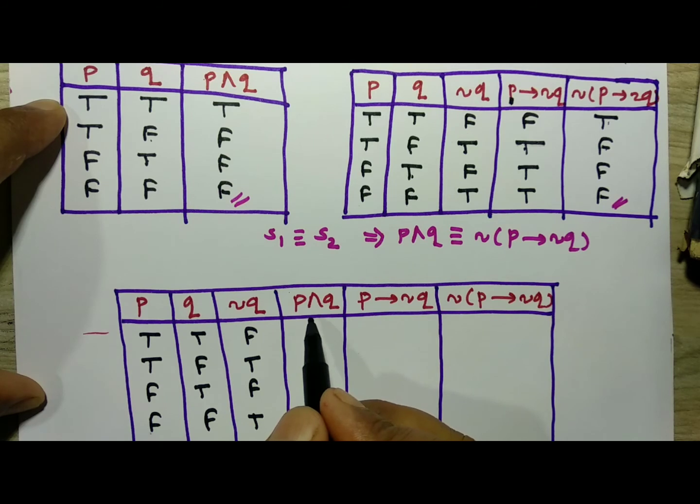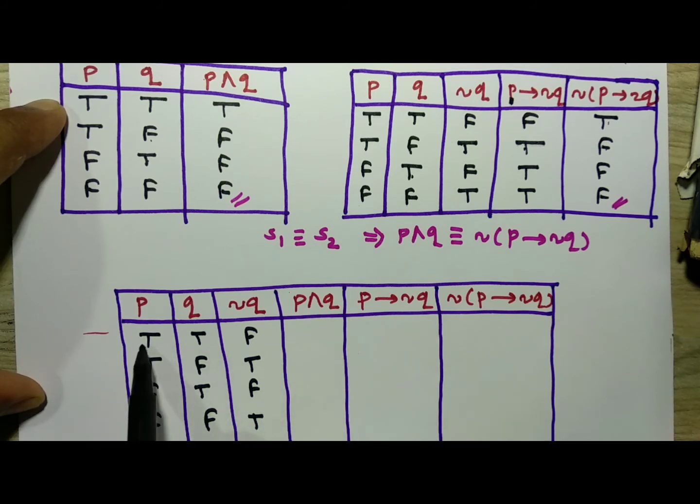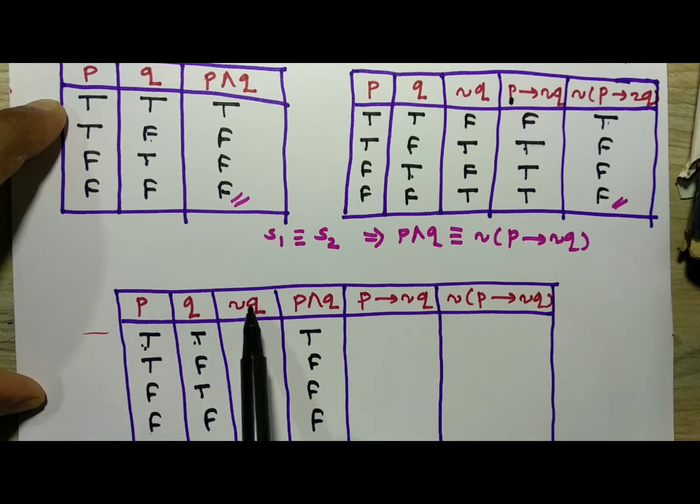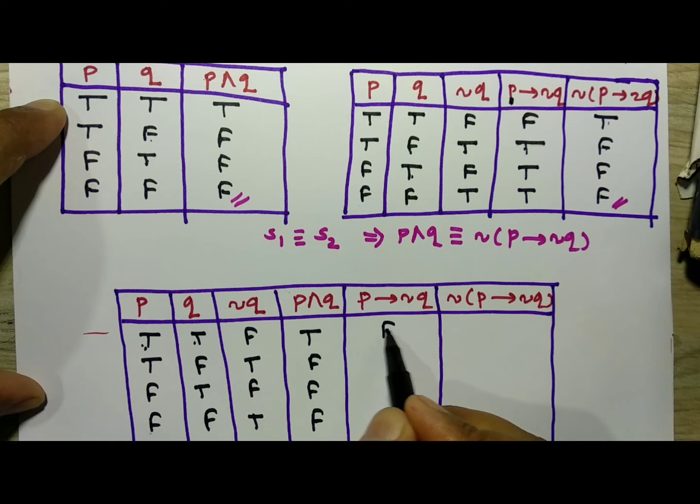If both are true, then it is true, otherwise false. True, then it is true. False, and false is here. P implies negation of Q says that if the first statement is true and the second statement is false, then it is false, otherwise true. If the first statement is true and the second statement is false, then it is false, otherwise it becomes true.